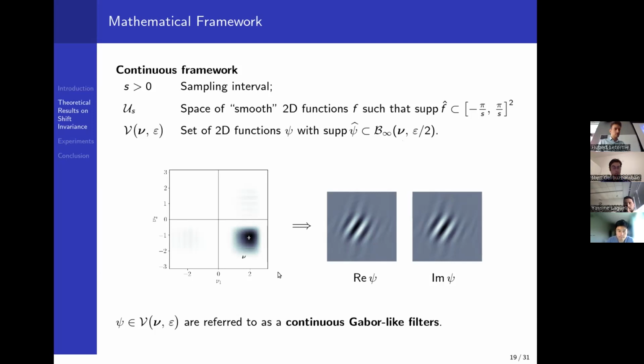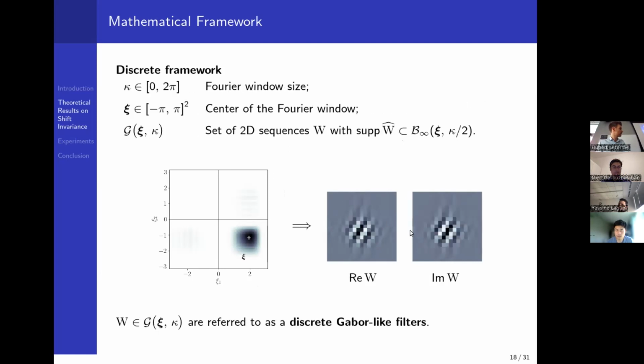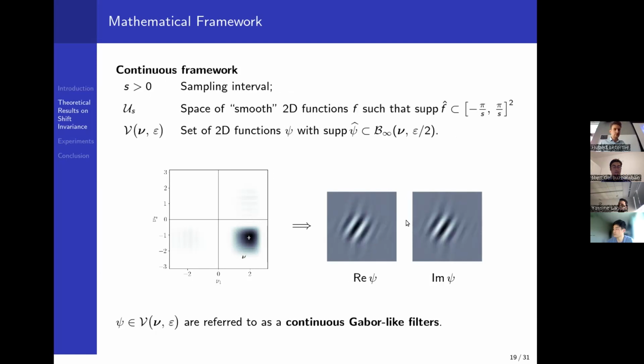And here is an example with S equal 1. By design, this filter is the only one belonging to U_S from which the filter introduced here is uniformly sampled at interval S. This is guaranteed by a sampling theorem, called the Shannon-Whittaker theorem, and this theorem provides a bound between the discrete and continuous worlds.